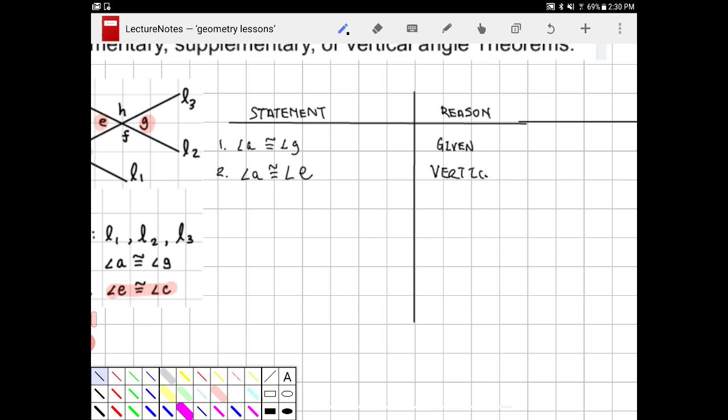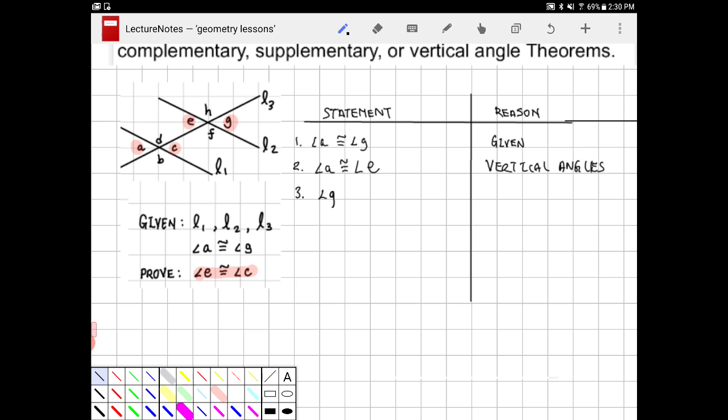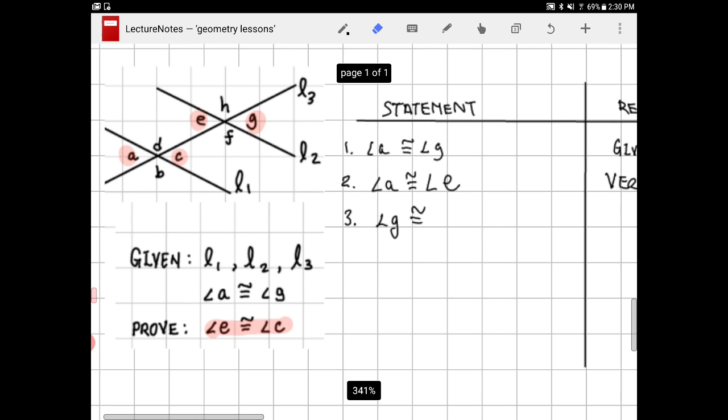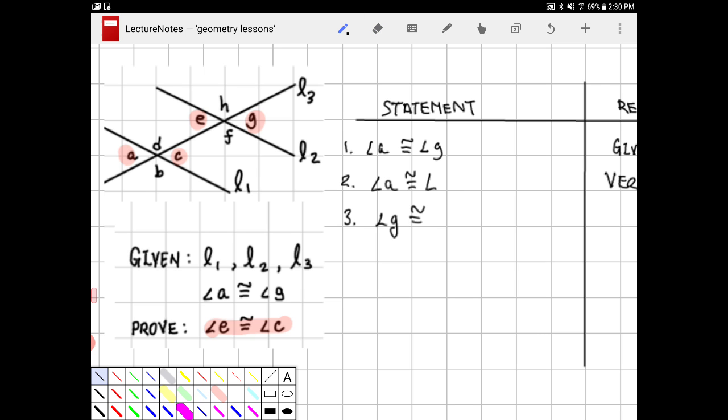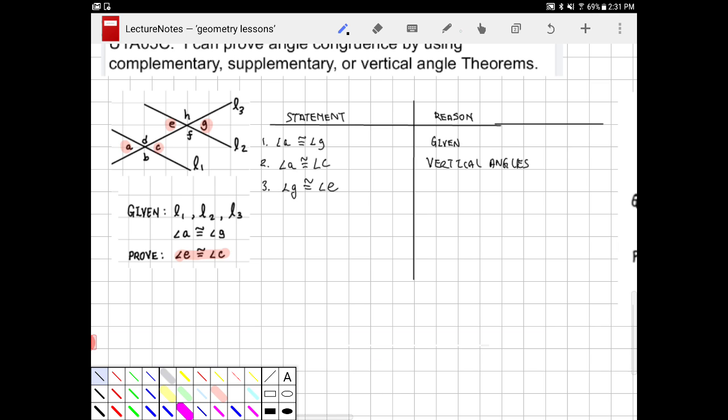Vertical angles are congruent. Similarly, angle G and angle E, I'm sorry, I miswrote. It should be angle A and angle C are congruent. And angle G is congruent to angle E. And again, for the same reason, we have vertical angles present.